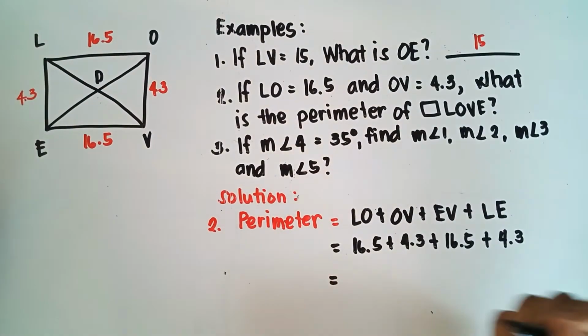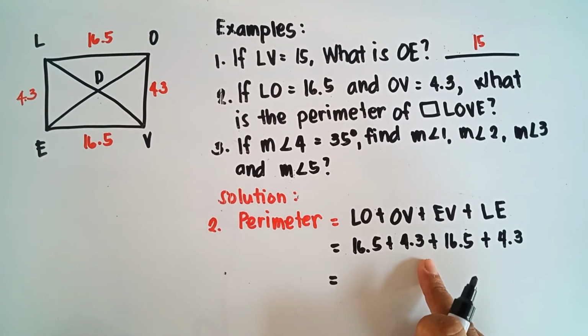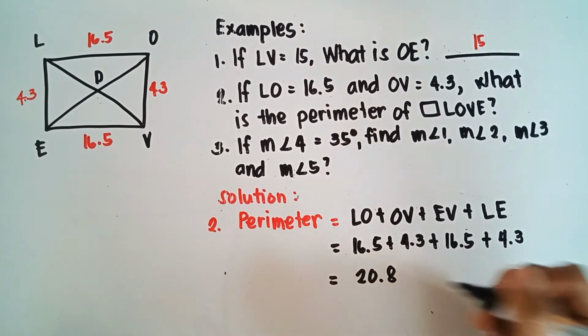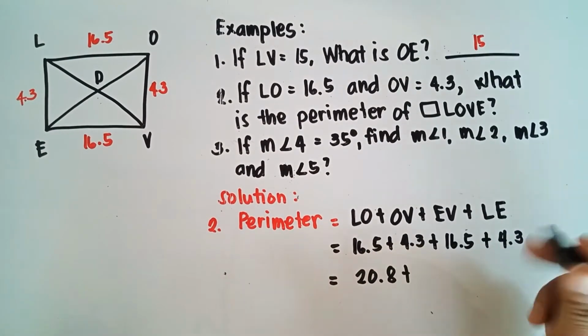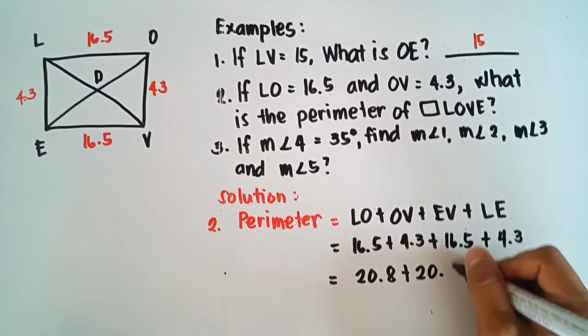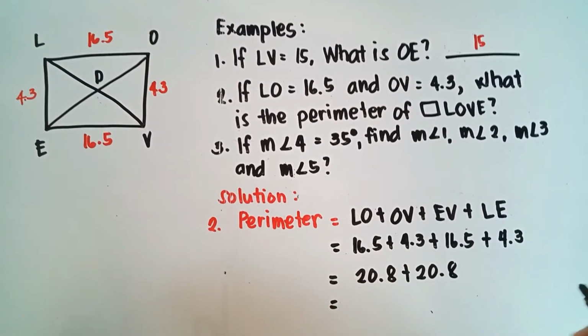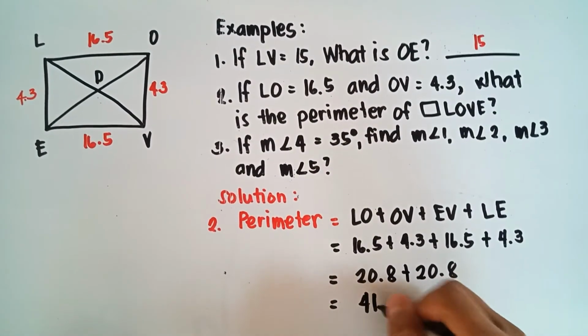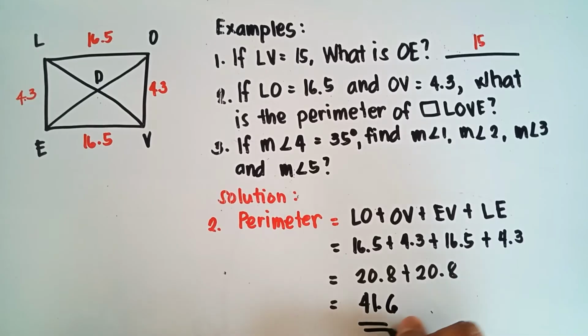So we have 16.5 plus 4.3 is 20.8. 20.8 plus 20.8, that is 41.6. And this is your answer.